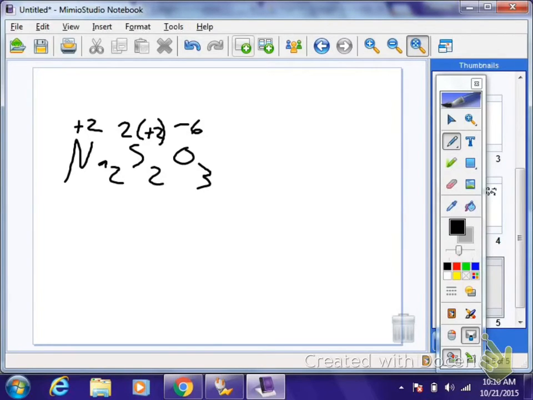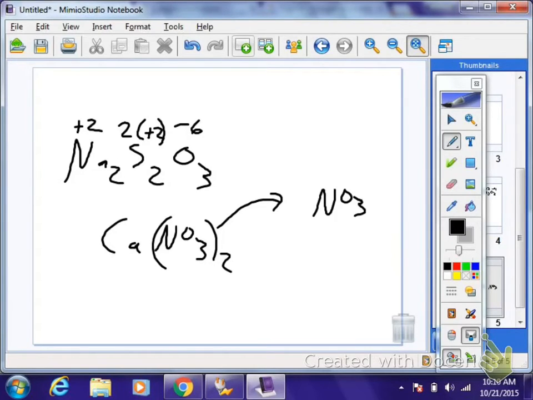So this is the way I would approach this one. I like to pull out the polyatomic ion and deal with it without putting all the numbers in. Can you do that? Yeah, you can do that. Nitrate, you can pull it out, treat it just like on its own. Know that this is a -6, so then nitrogen has to be +5.